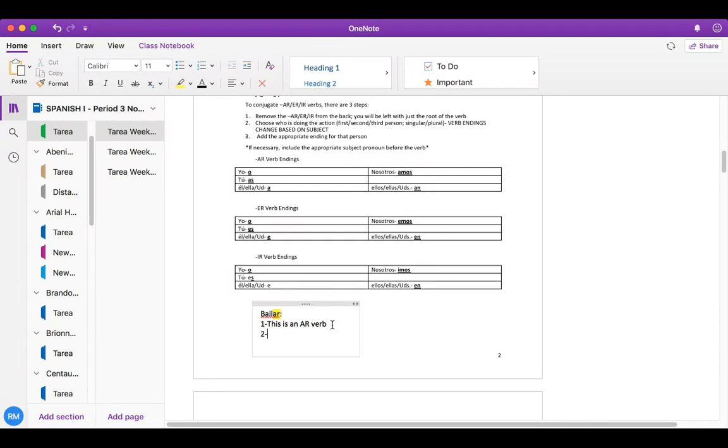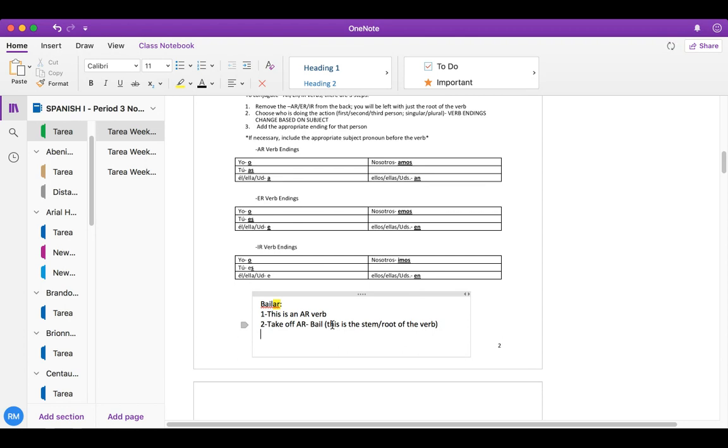Next, I apologize, next I'm going to take off the AR. Make bail. This is the stem or the root of the verb. This is going to come in handy next week when we talk about stem changing verbs. Maybe some of you are there already.